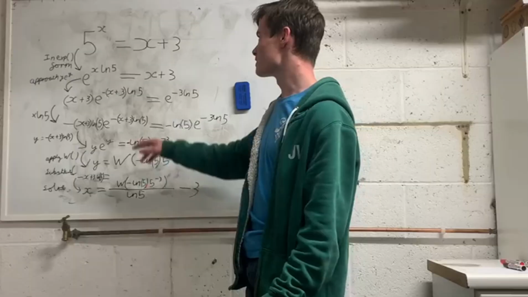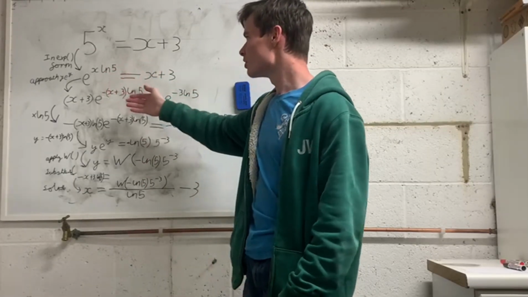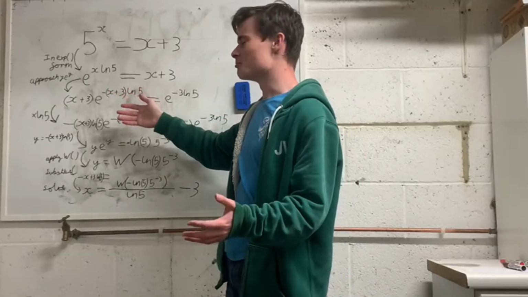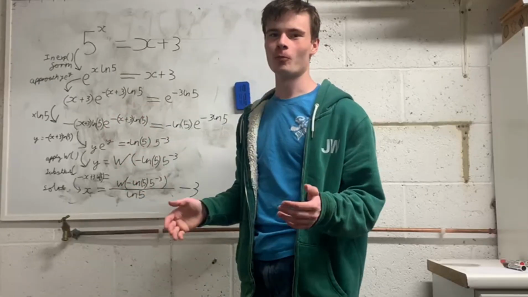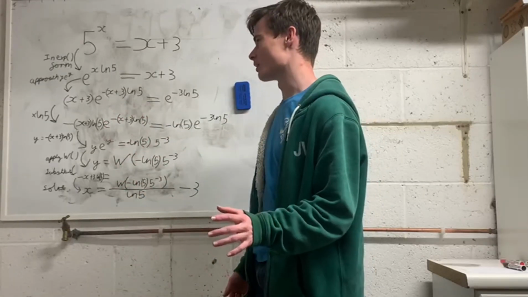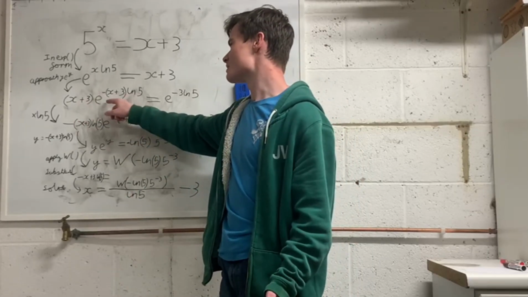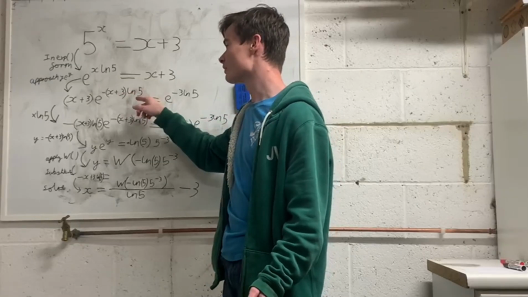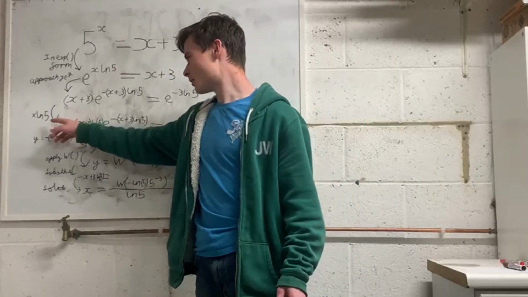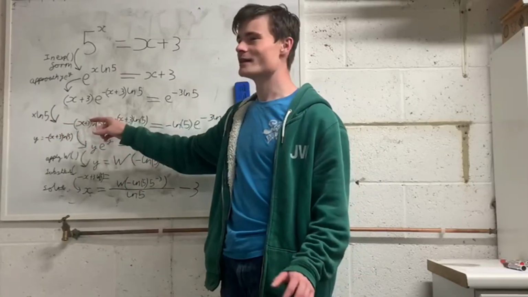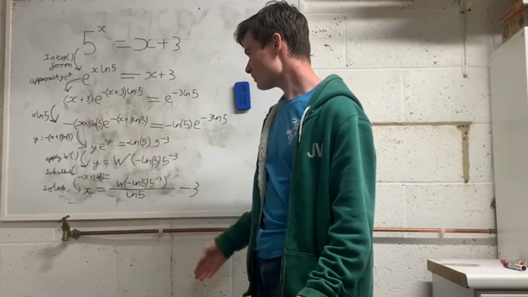So first, you would take this and get it into exponential form, and your next steps can be a variety of things depending on the question, but what your goal should be is to approach the form y e to the y on one of the sides, which brings us to (x plus 3) e to the (minus x plus 3) ln 5, which isn't exactly the correct form yet, but when multiplied by negative natural log of 5, you get the correct form.